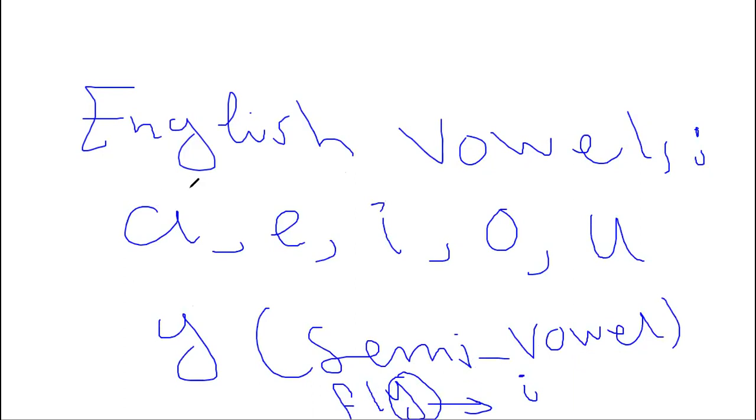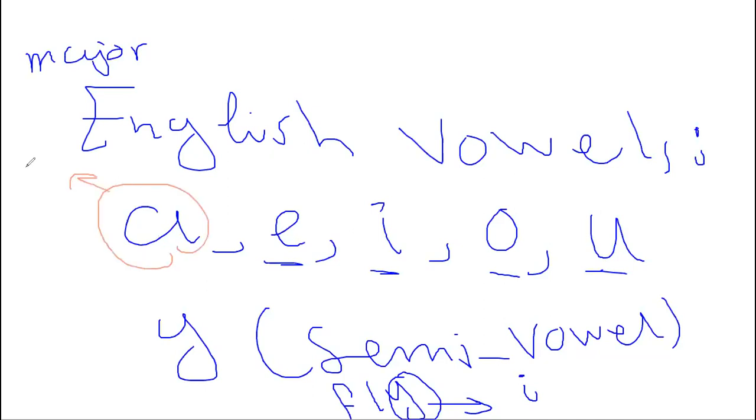Okay, so the main major vowels are A, E, I, O, and U. Every vowel of these has different sounds. As we have seen so far, the A is pronounced ah, or a schwa, or another sound.